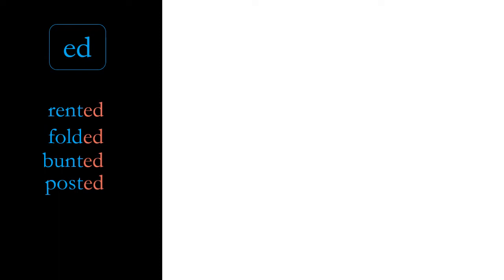Rented, folded, bunted, posted. Now it looks like it's spelled with an ed, but it actually sounds like it's id. Okay, and ed does a couple of things to the meaning of the word. For now, the only thing you need to worry about is that it talks about something that is already finished.